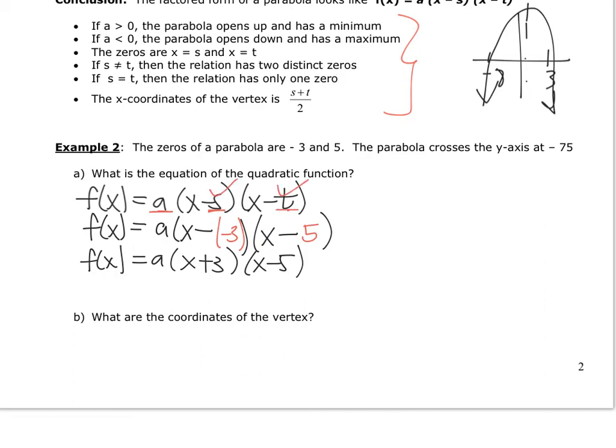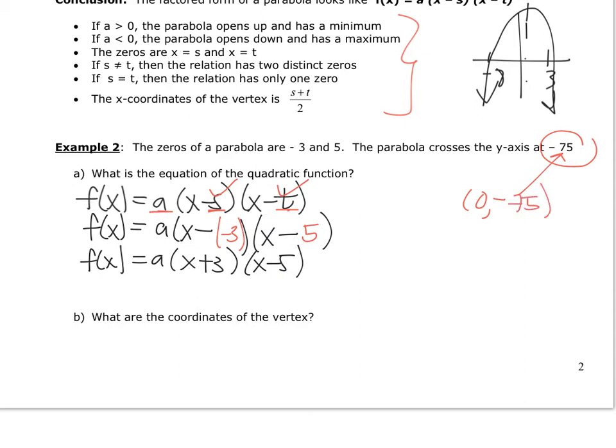So what we're going to do is use the other piece of information that we're given. We're told that the parabola crosses the y-axis at negative 75. What we're really given here is a point. We're given the point 0, negative 75.